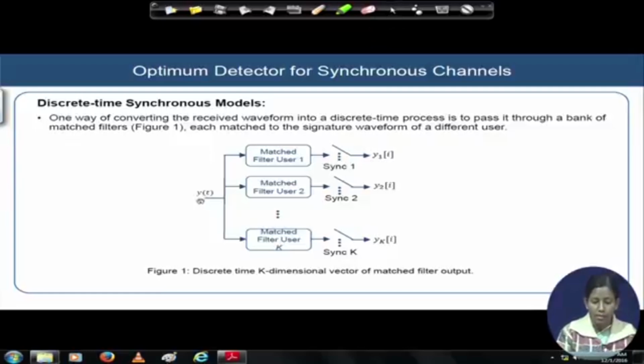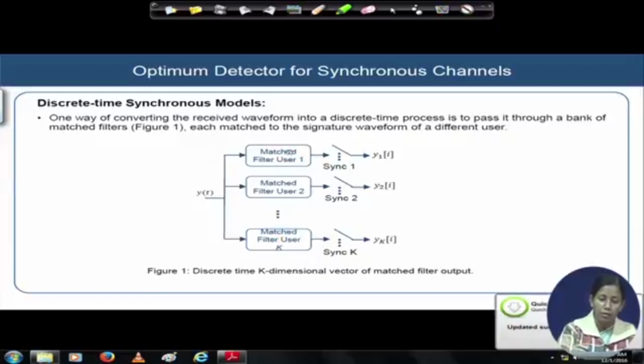So, y(t) is the incoming signal of our interest, and we have a bank of correlators, or a bank of matched filters. The filters are matched to user 1 through user k. If it is a synchronous channel, that means all the user signals are heavily synchronized with zero synchronization error, so you expect all the incoming signals to be aligned to each other.